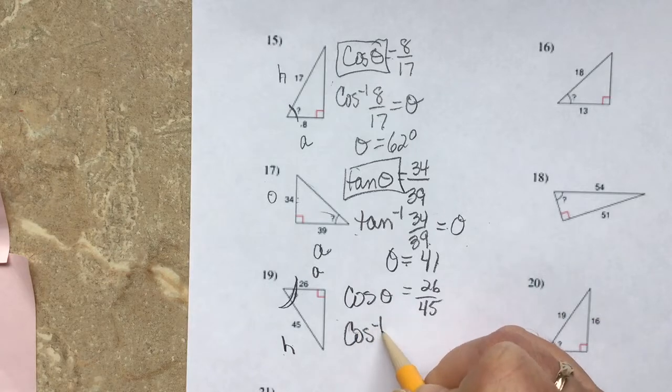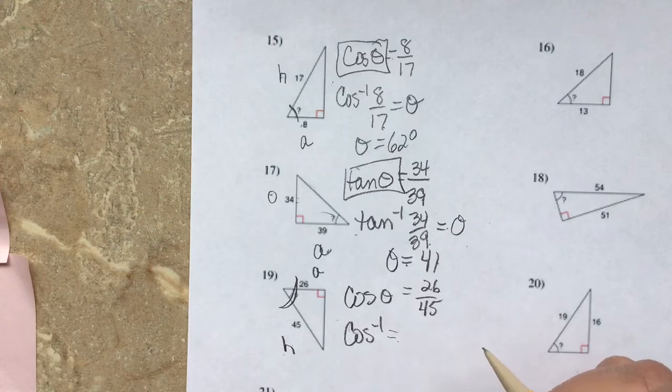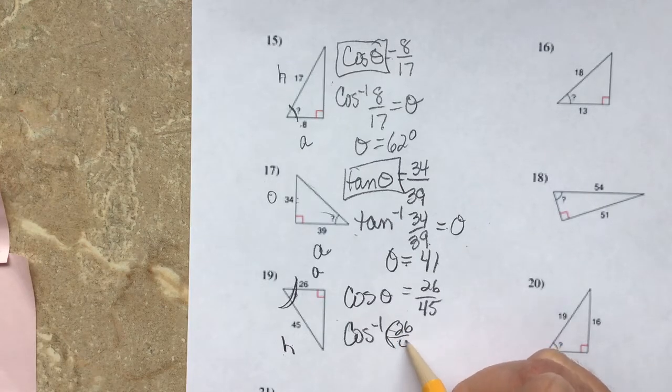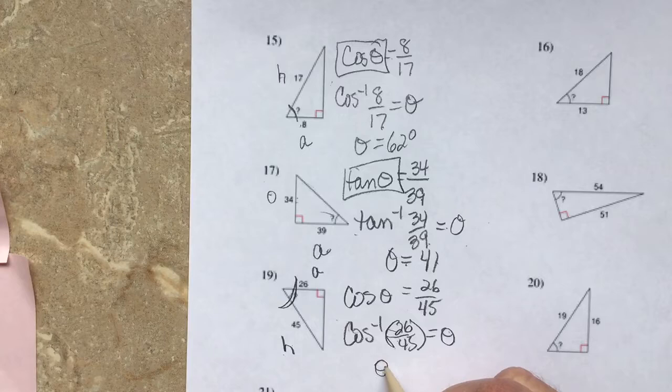Inverse cosine, 26 over 45 equals theta. Calculator. So second cosine, 26 over 45, and hit enter. 54.7, so theta to the nearest tenth is 55 degrees.